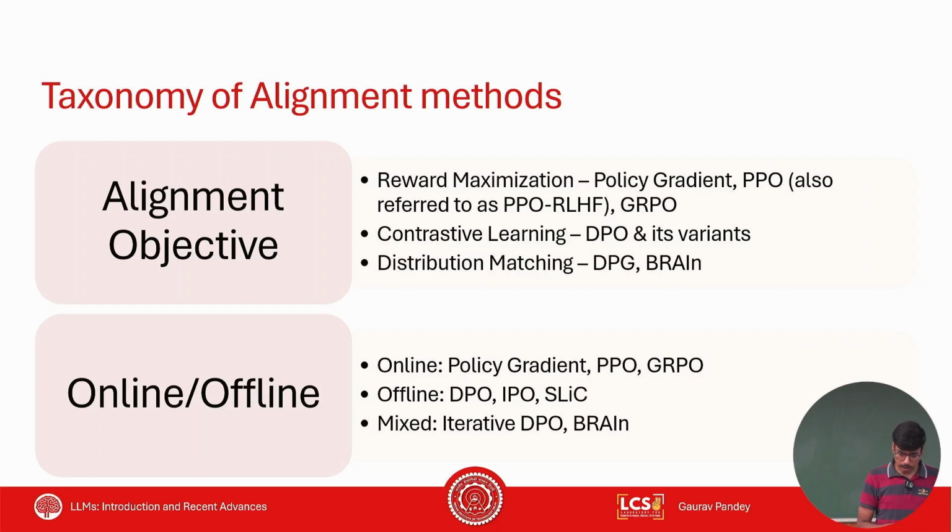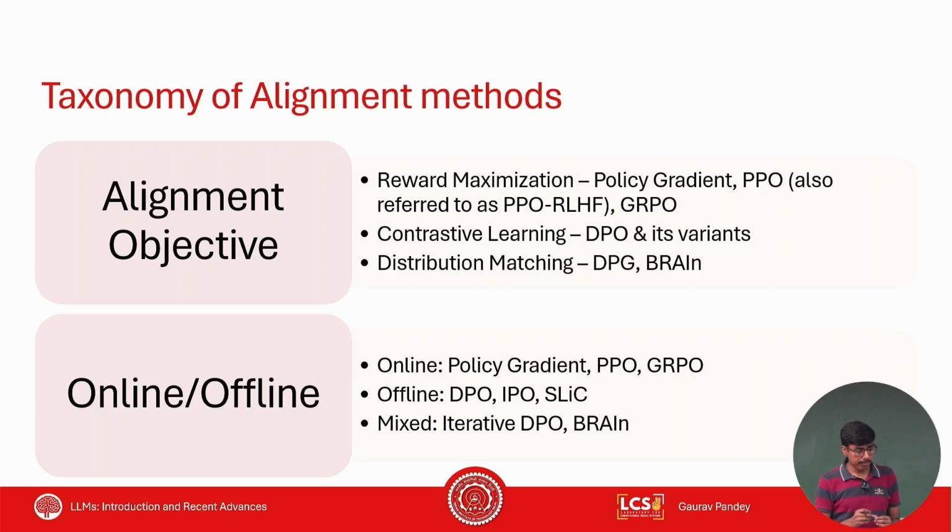And the third one, which we'll not cover, is where we use distribution matching, where we have some target distribution that we want to reach, and then we use distribution matching approaches so that our model starts behaving like the target distribution. So that is the classification based on the objective that you're trying to align with.